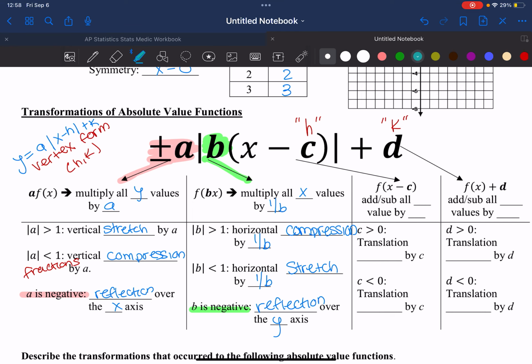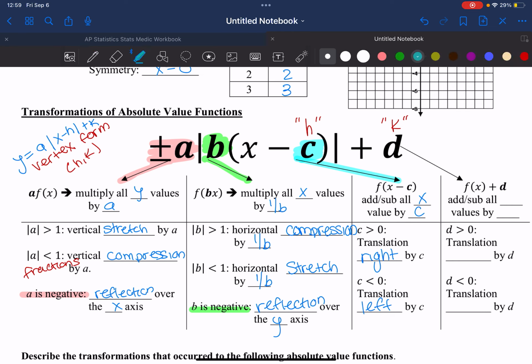Okay, now let's see how c affects our graph. So for c, you are either going to add or subtract all the x values by c, depending on if c is positive or negative. So if c is positive, it's greater than 0, then that is going to translate the function right by c. If it is less than 0, it's negative, then it's going to translate to the left by c.